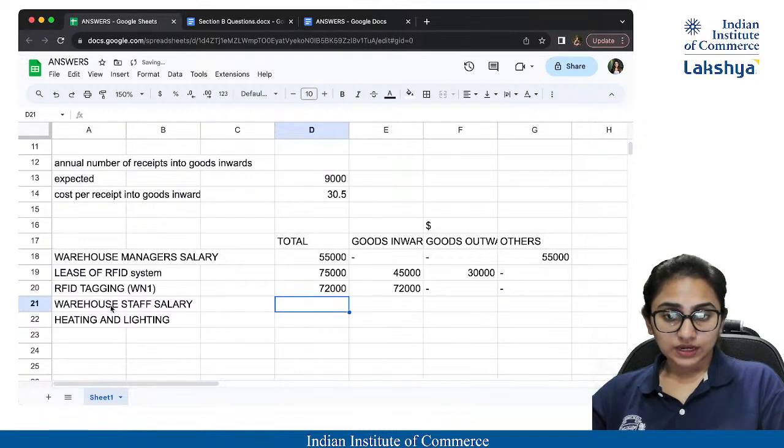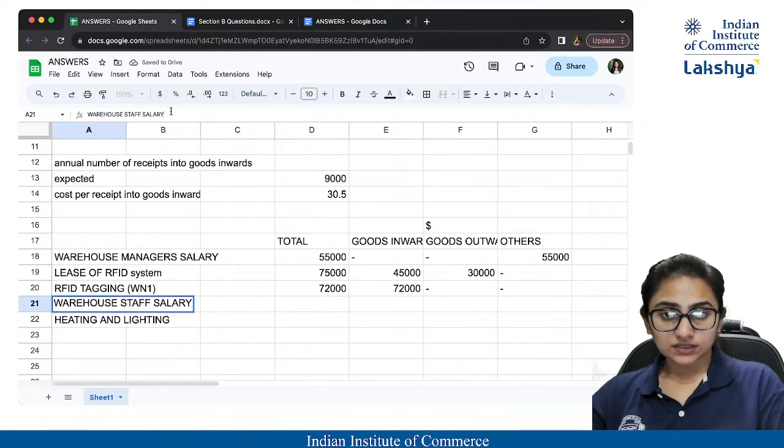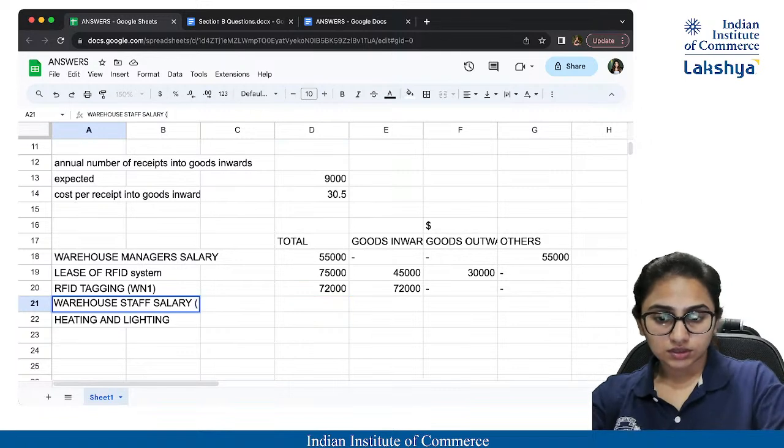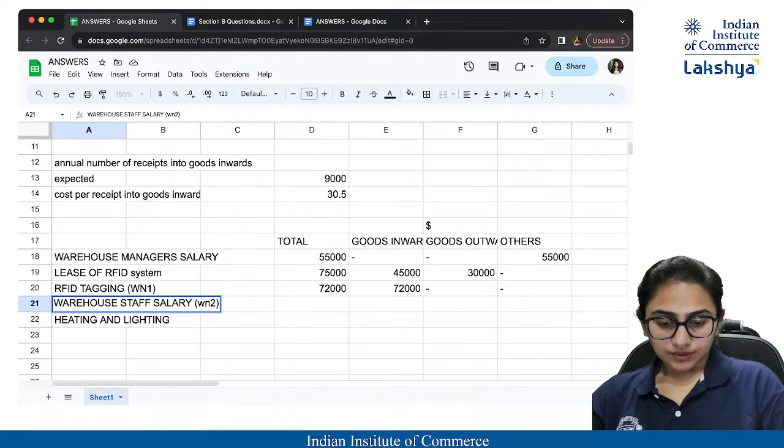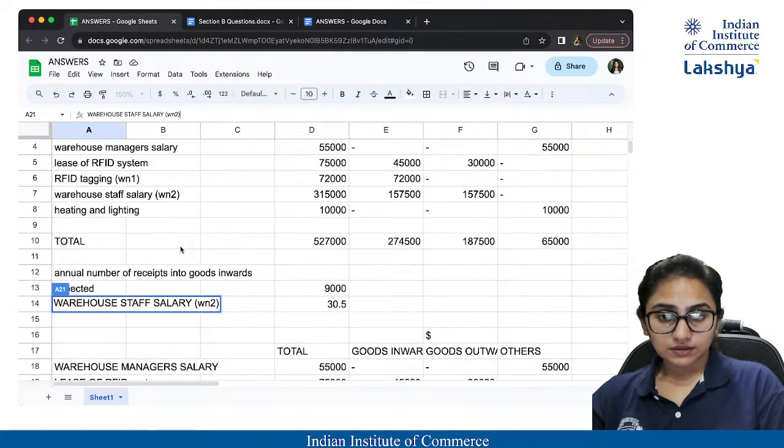Next we have is warehouse staff salary, then this will be working note 2. Okay. Now what is the total number of staff previously?